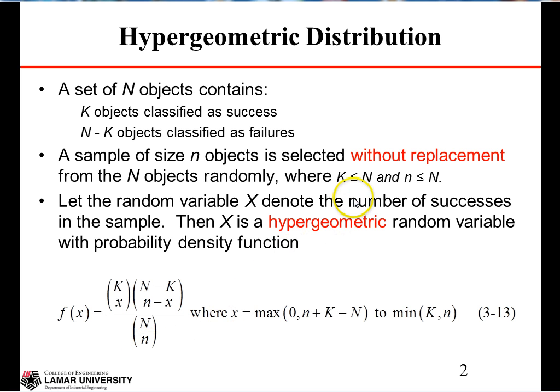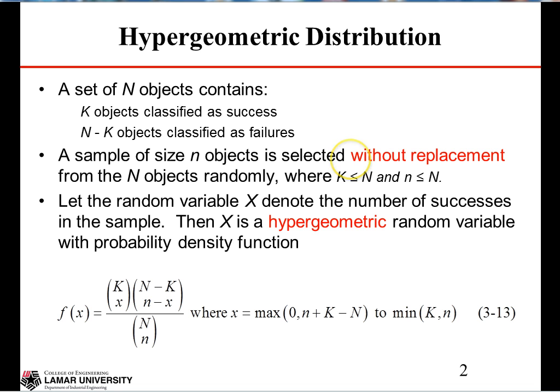The other thing I want to mention is that if I slightly change the problem statement, instead of saying the sample was selected randomly without replacement, we say it's selected with replacement, then the problem changes from hypergeometric to binomial.